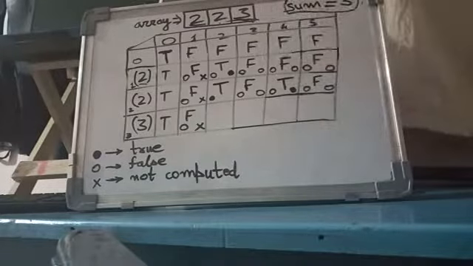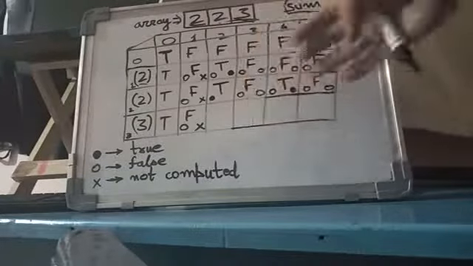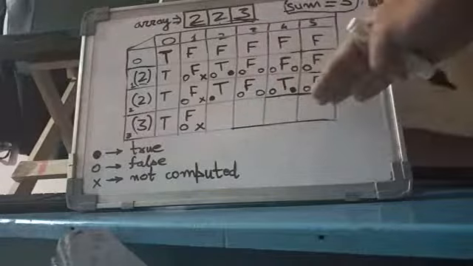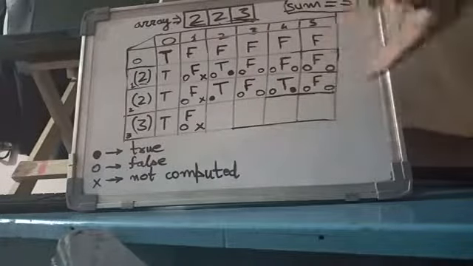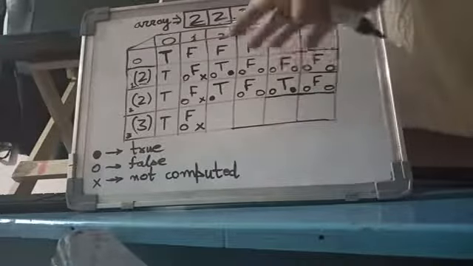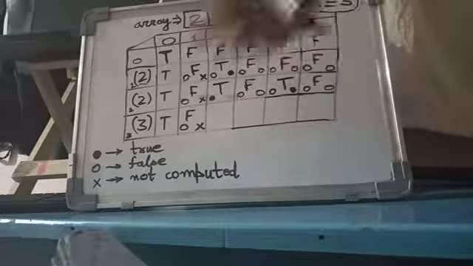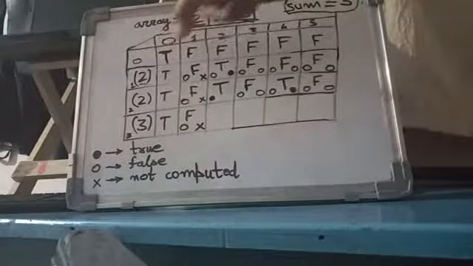Okay, so I have made a table. It's not properly filled. We'll gradually fill it in this video while we discuss this question further. So I have made a 2D array or a matrix in which the rows represent the indexes in a one-based way, right?